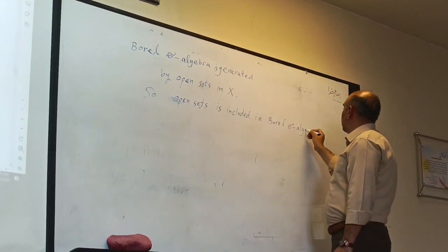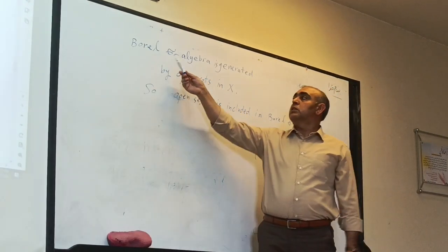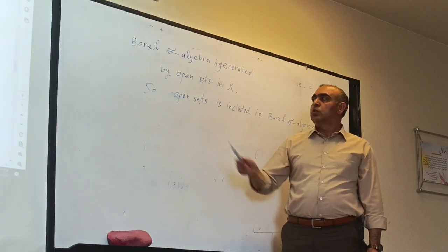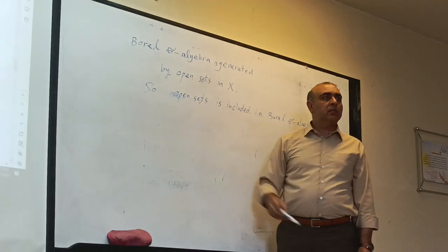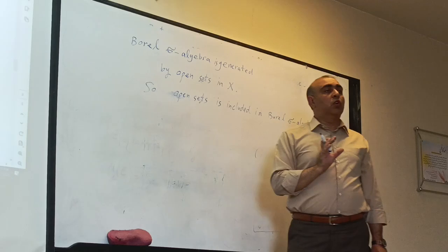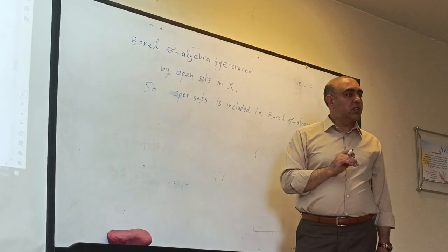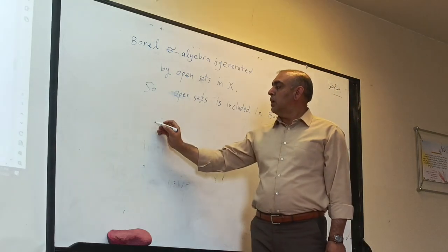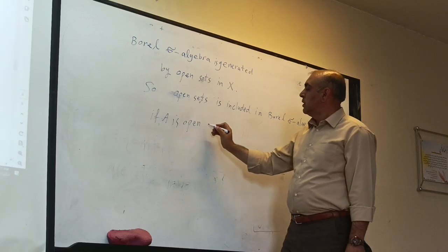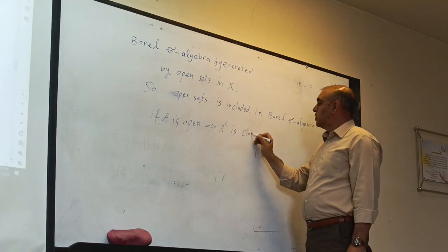Sigma algebra generated by open sets. So open sets are included in the Borel sigma algebra. The complement of an open set is a closed set. If A is open, A complement is closed.